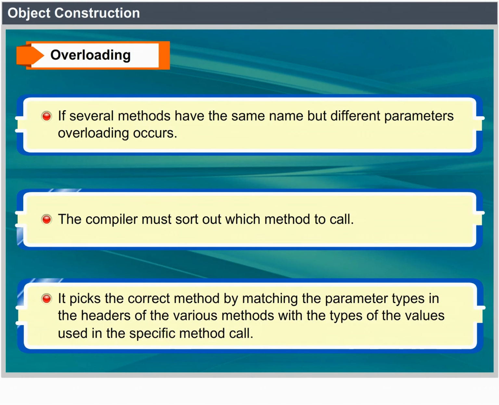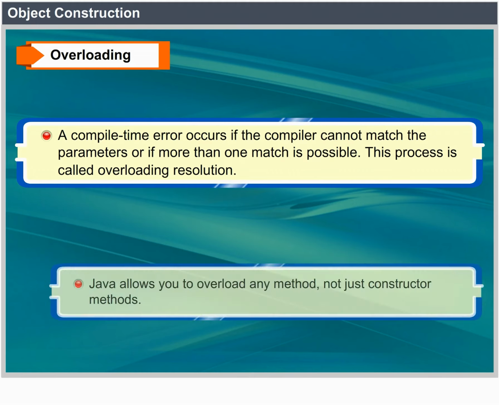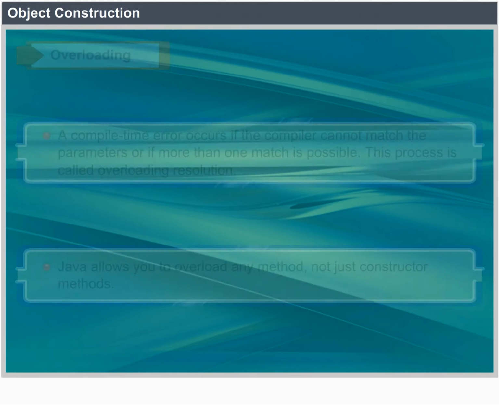It picks the correct method by matching the parameter types in the headers of the various methods with the types of the values used in the specific method call. A compile time error occurs if the compiler cannot match the parameters or if more than one match is possible. This process is called overloading resolution. Java allows you to overload any method, not just constructor methods.